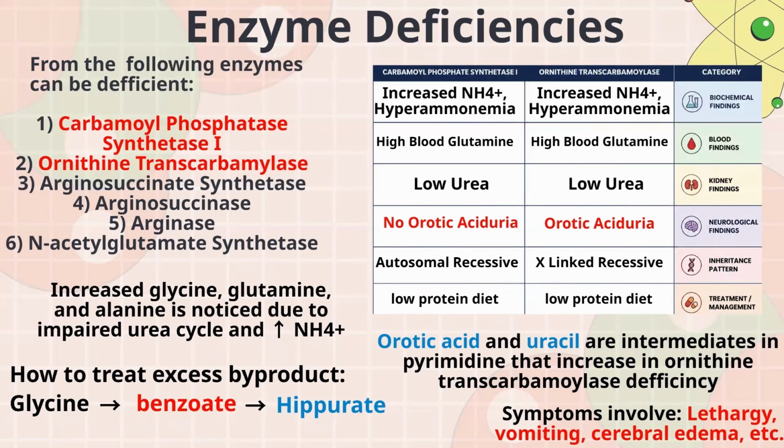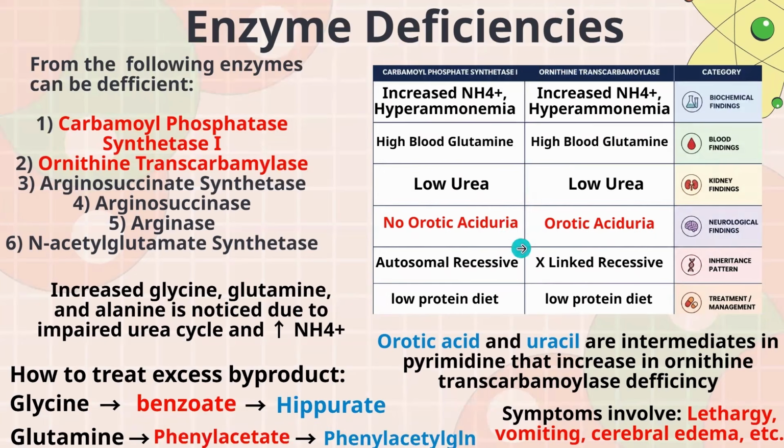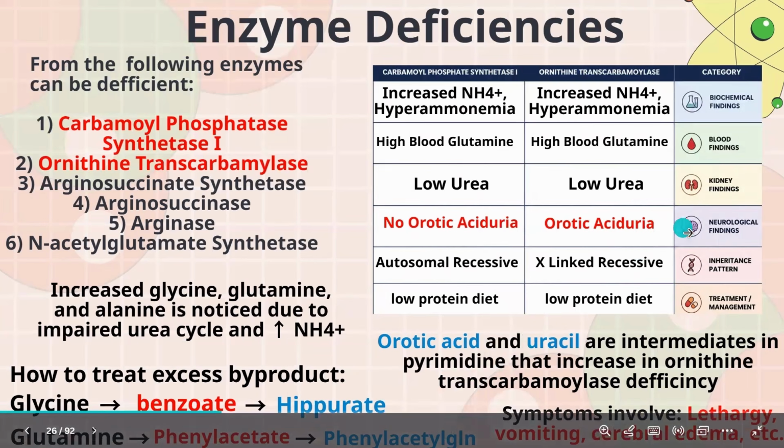Glutamine, on the other hand, is treated by phenylacetate, which eventually forms phenylacetylglutamine.